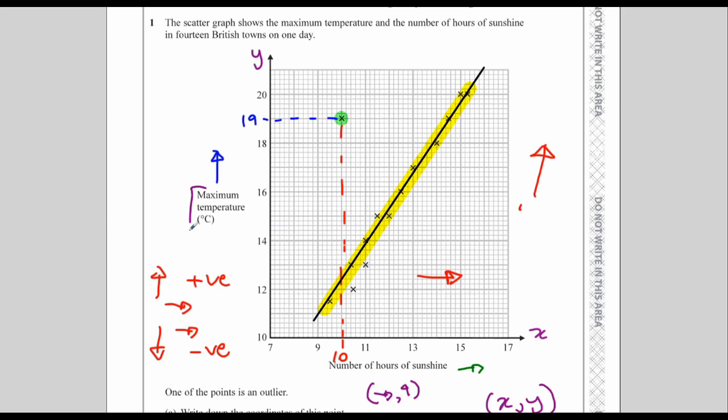Go to your maximum temperature scale. Remember, each big square is 1 degree C, and it's split into 5, so each little square is 0.2. So 16.4 is here. Now if we read across until we get to our line, and then read down to get our answer for the number of hours of sunshine.